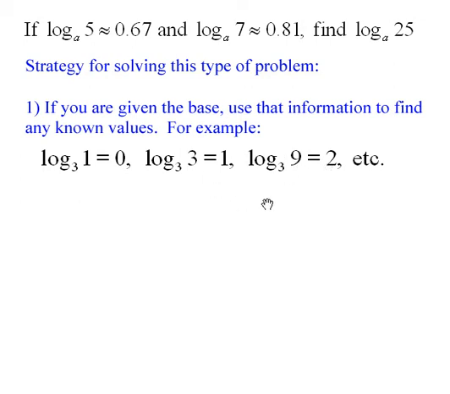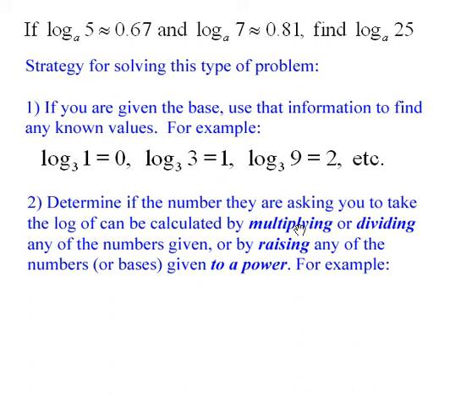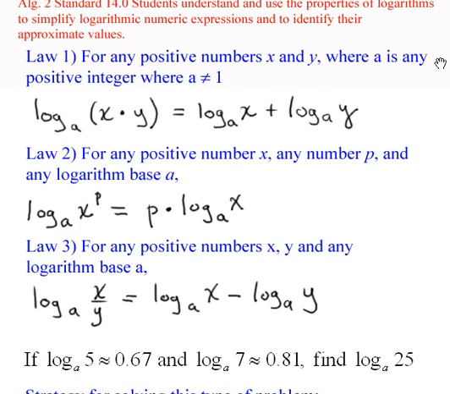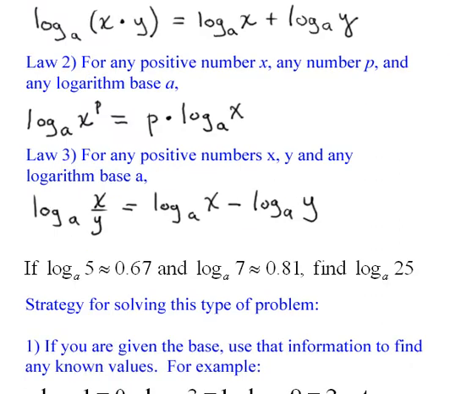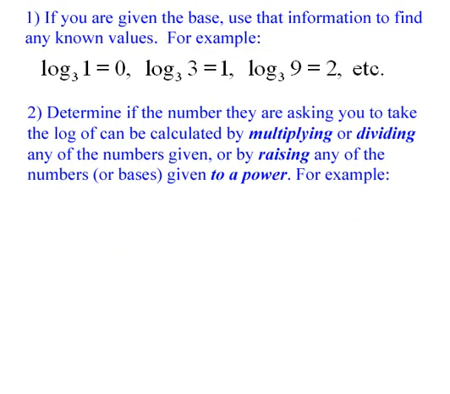So those are things that we'll need to know if they give us a problem where they tell us the base. What if they don't tell us the base? Well, we just saw that these three properties of logs involve multiplication, exponents, and division. So my second strategy step here is that we need to focus on using that.